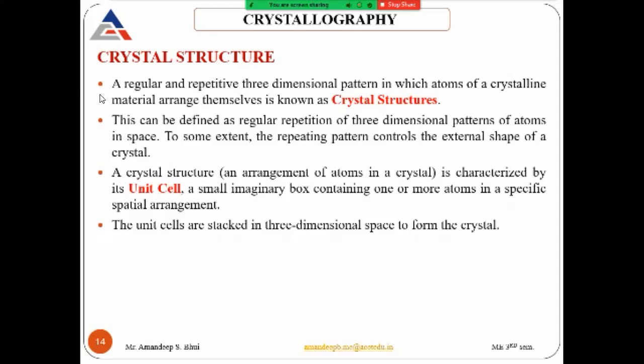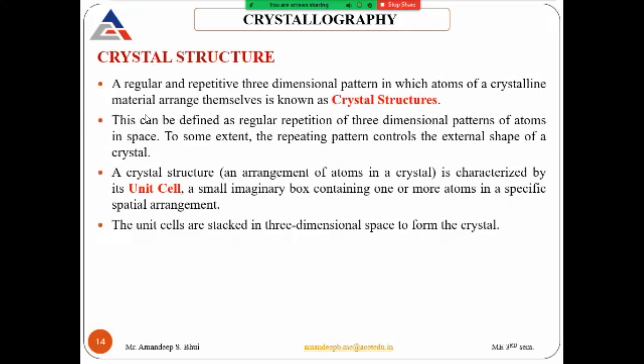Now, a crystal structure is characterized by its unit cell, a small imaginary box containing one or more atoms in a specific spatial arrangement. So a unit cell is a small imaginary three-dimensional box that contains the specific arrangement of atoms in it. Okay.